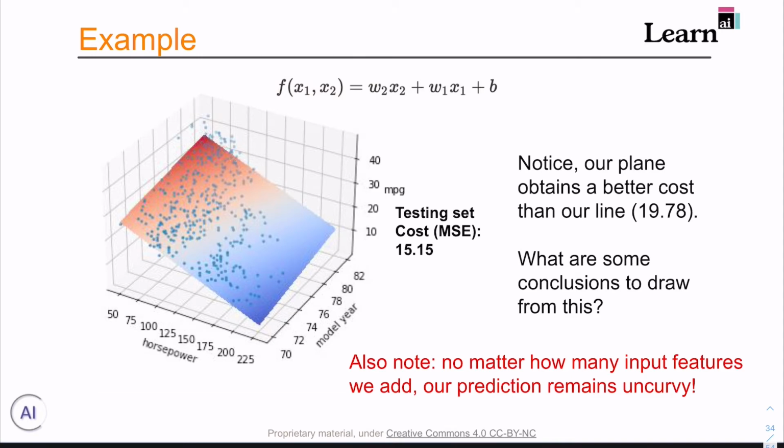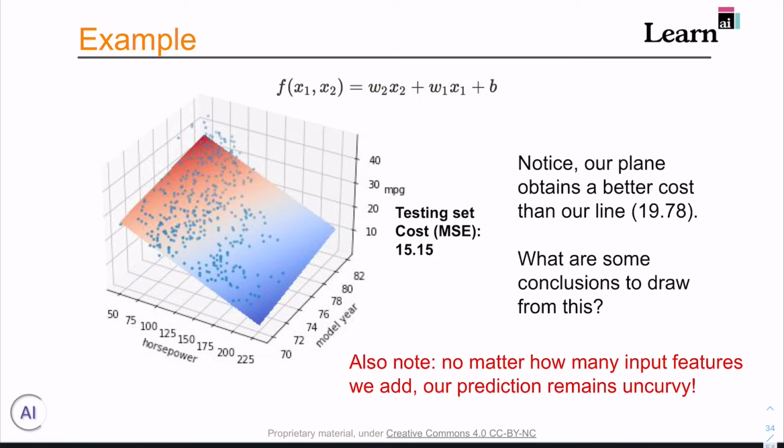Like during training, couldn't this model have settled on the line that we had found in just our linear regression? And I would assert yes. All it would have to do is set W2 equal to 0, and then you just have our initial thing, and it could be W1 equals M and B equals B from before, right?